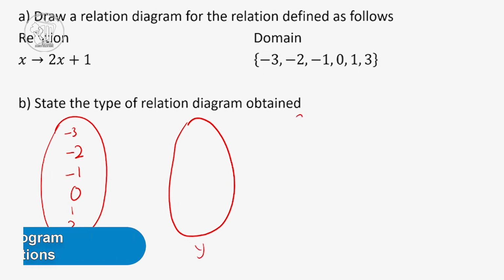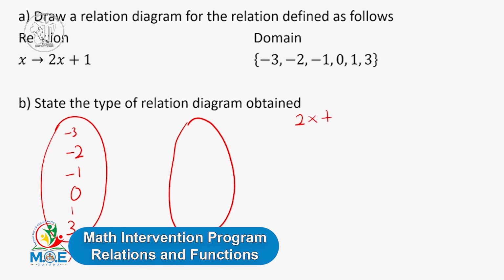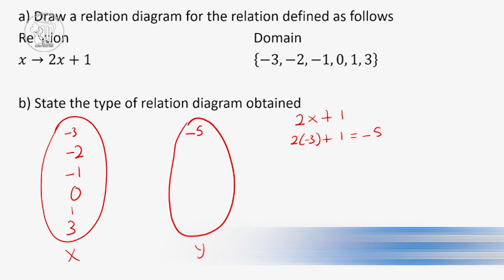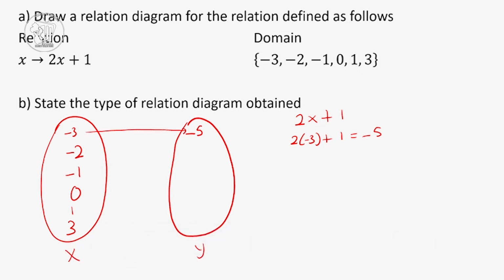So the rule is 2x plus 1. So the first x, we have -3. So this would be 2 times -3 plus 1. And 2 times -3 would give you a -6, plus 1 would give you a -5. So -3 is mapped onto -5. So we can draw that arrow diagram. And then we have -2.